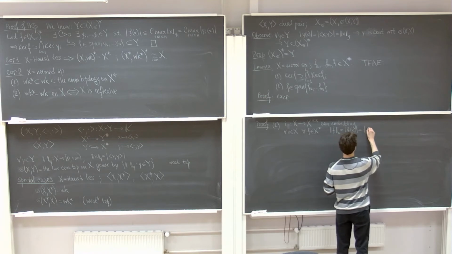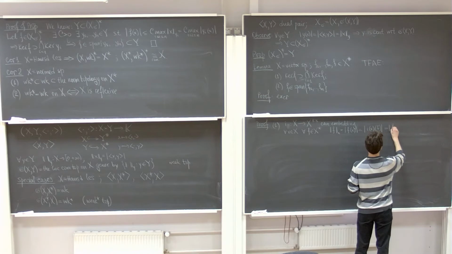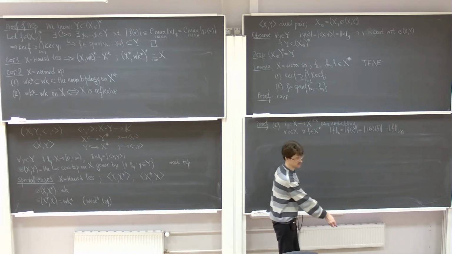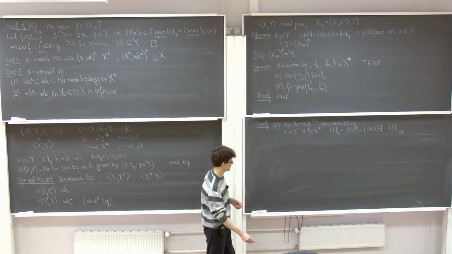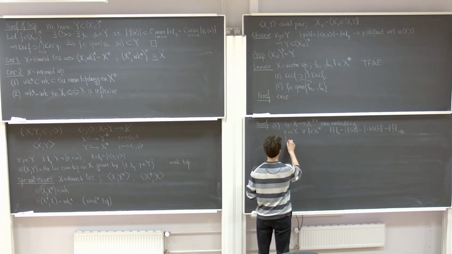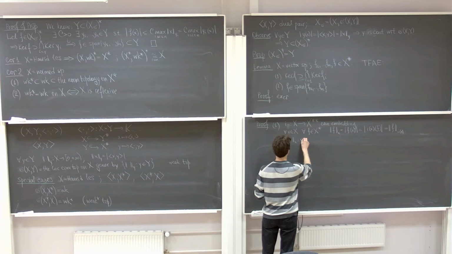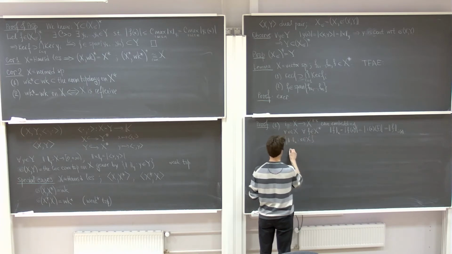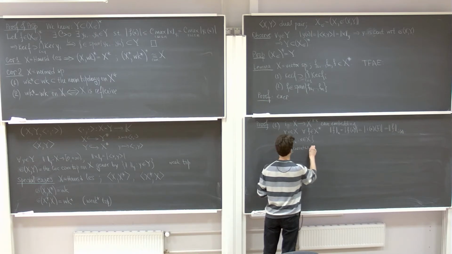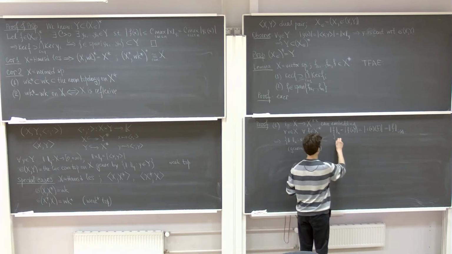So f of x is I of x applied to f, but this is also one of the seminorms which generates the weak topology on X star. So we have the following inclusion. The family of seminorms on X star that generates the weak star topology is contained in the family of seminorms that generates the weak topology.